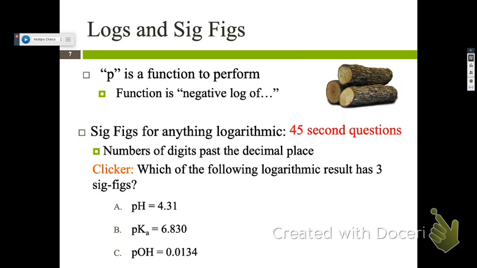All right, so if we look at the sig figs here, I lost you guys. So remember to go backwards: if we had pH, because P is a negative log of H plus ions, then we could undo that to find the concentration of ions. So 10 to the negative pH would give us the H plus ions.